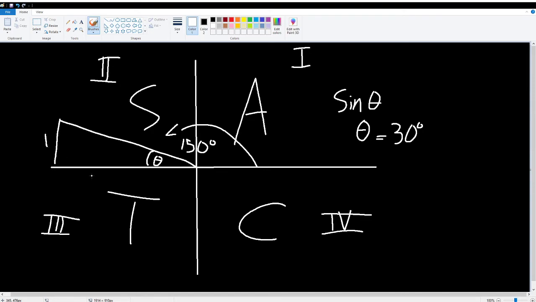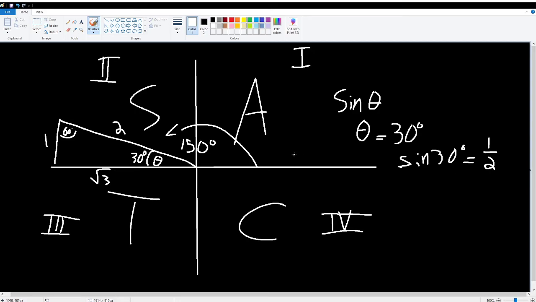This would be 1, this would be square root of 3, this would be 2. And remember, this is going to be 60, and this is going to be 30. And if you say sine of 30 degrees, you know it's going to be opposite over hypotenuse. So sine of 30 is going to be 1 over 2.